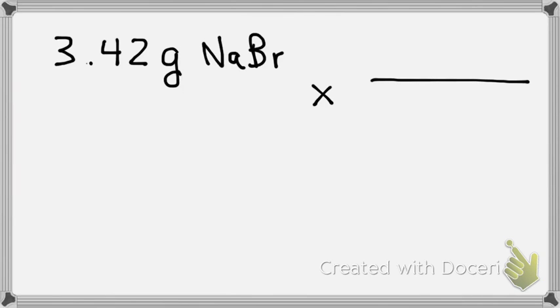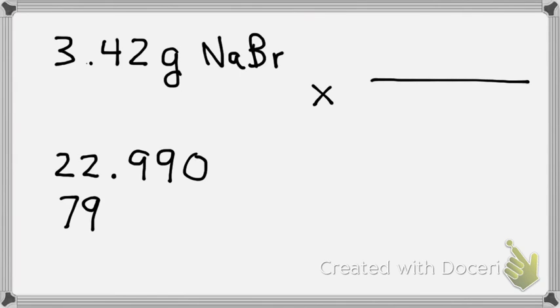So the mass of sodium, if you consult your periodic table, is given typically as 22.990, while the mass of bromine is typically given as 79.